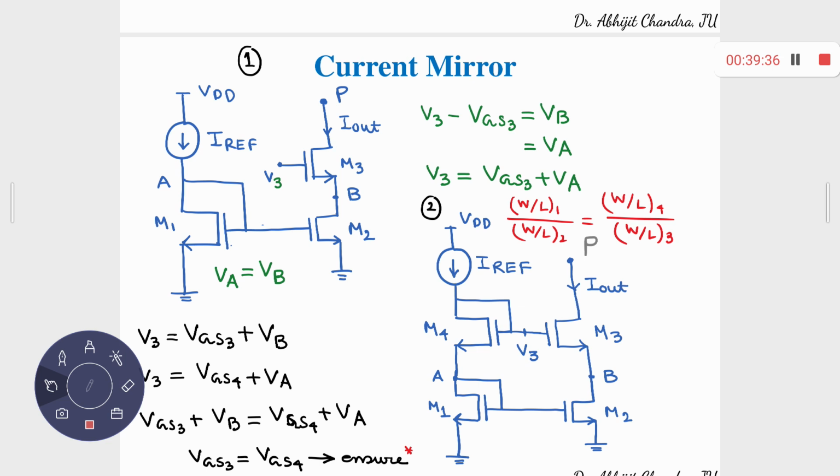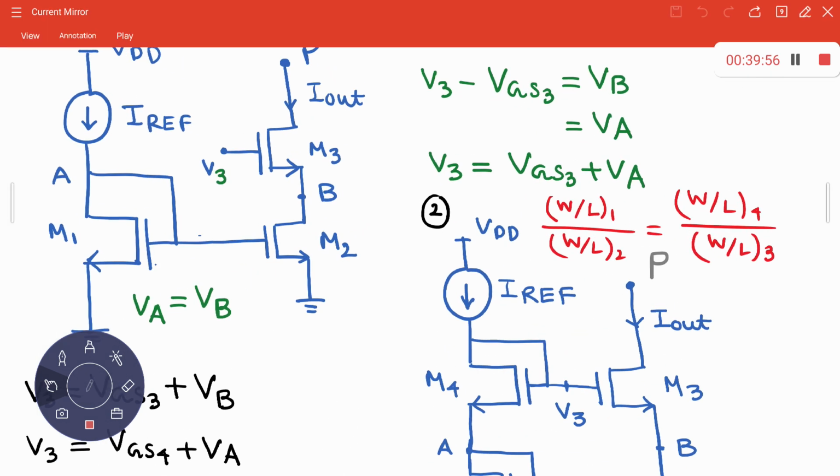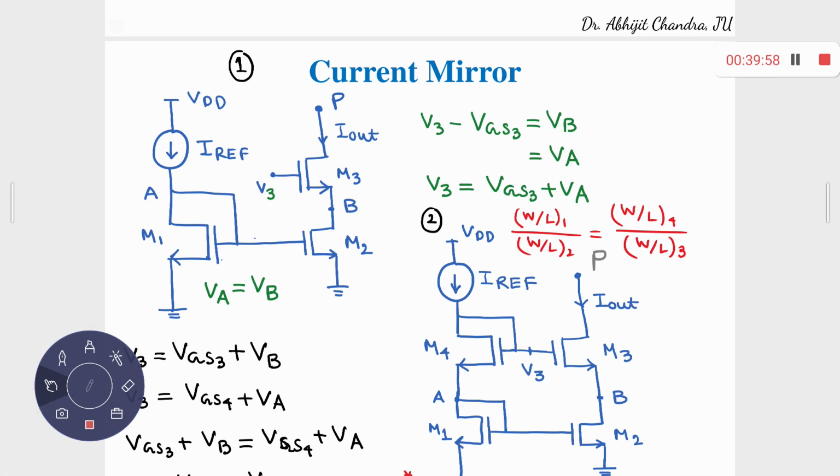First of all, this voltage should at least be the gate voltage minus the threshold voltage. And once again, what is the minimum value at node B? Gate voltage minus threshold voltage, the overdrive voltage.